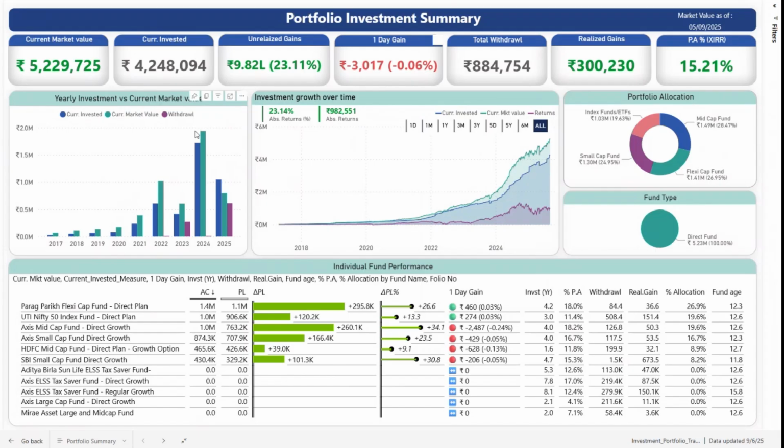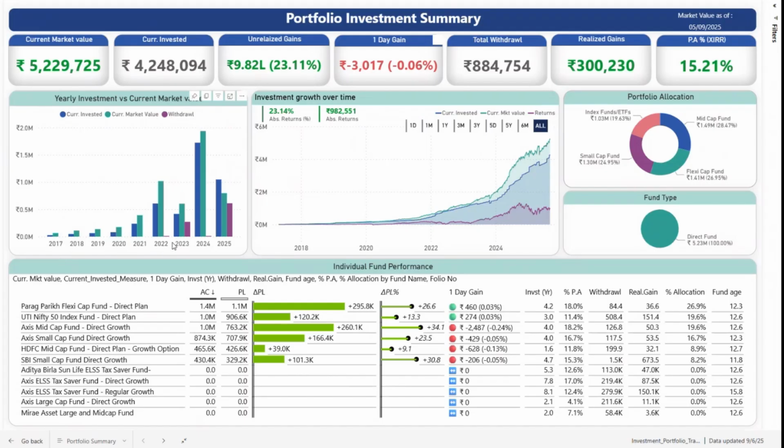And then you have the other graph, which tells you your yearly investment versus current market value. Basically, it tells you how much you have invested in each year, so how your investment journey looks. In 2017 you invested some amount, and as of today that investment has grown. Green indicates the current market value and blue indicates your investment in that year.